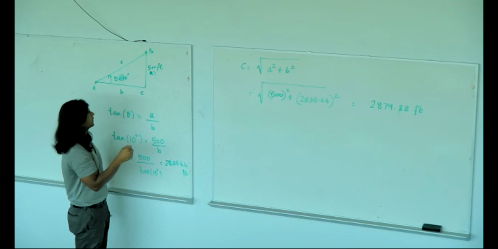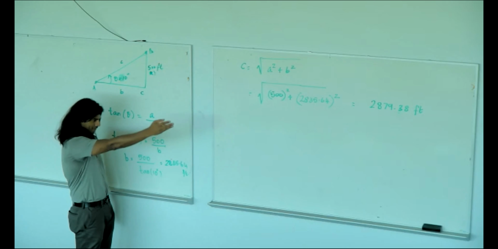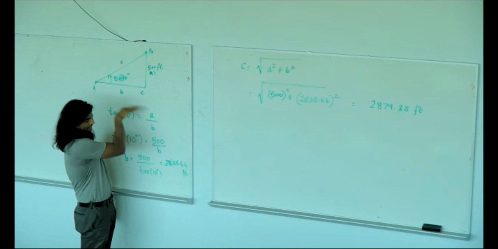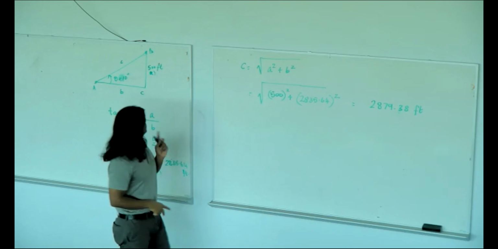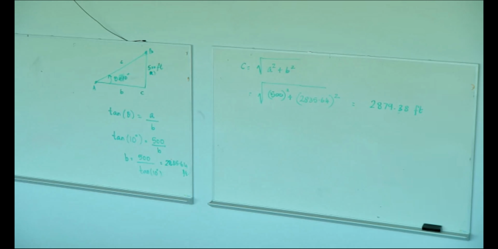If someone asked what horizontal distance the plane traveled, then that would be the length AC. But it's flying up, so we have to look at the distance AB. Good.